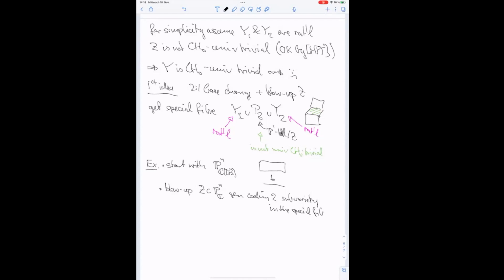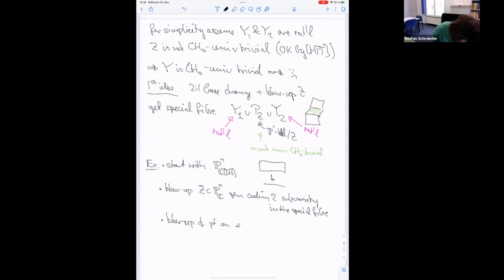Codimension in the fiber, right? Yes, exactly. Then we get, followed by a blow up of a point on the exceptional divisor.